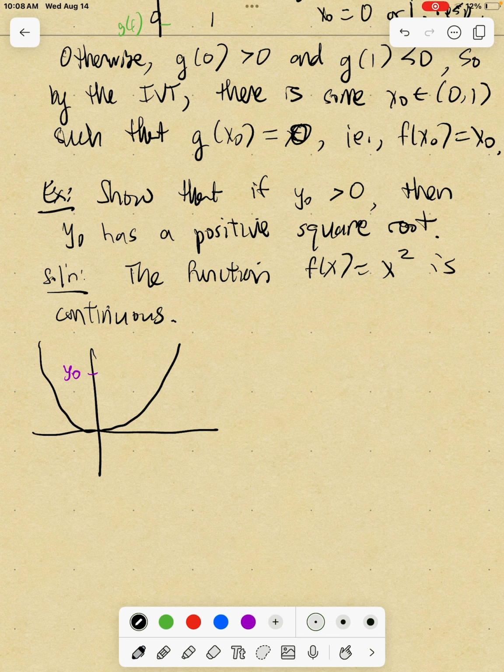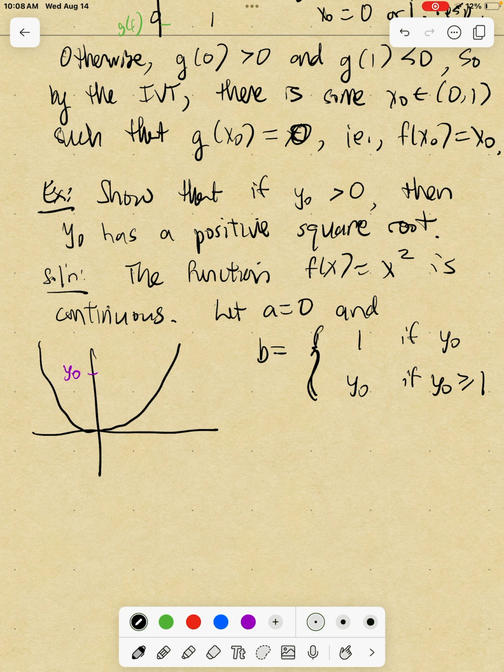So let a equal 0 and let b be y naught if y naught is bigger than or equal to 1, and let b equal 1 if y naught is less than 1. Well, if y naught is less than 1, then y naught squared is less than 1.